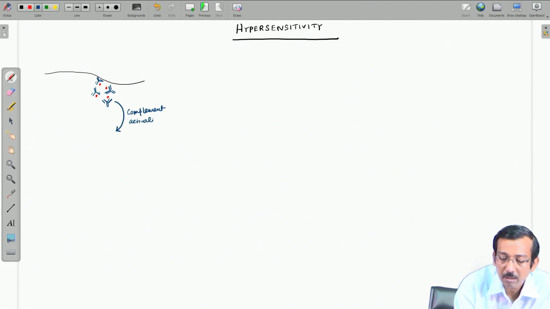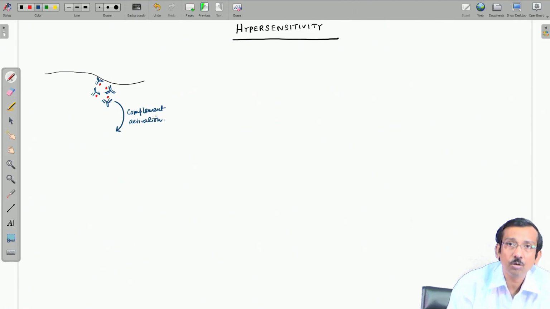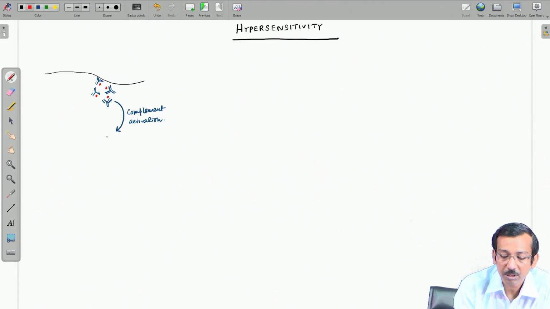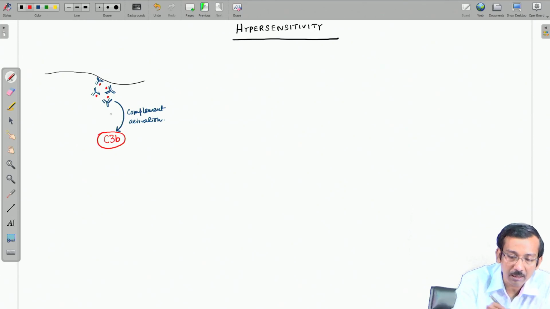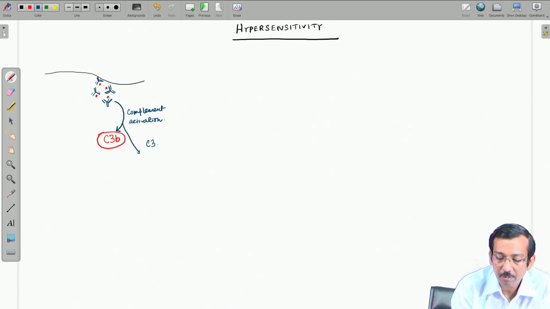And of course, whenever there is complement activation, one of the major products of complement cleavage is C3b. The central protein in the complement activation is C3b, and of course, there are other complement cleavage products like C3a, C4a, C5a, all present as well.